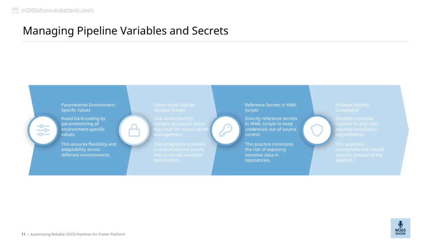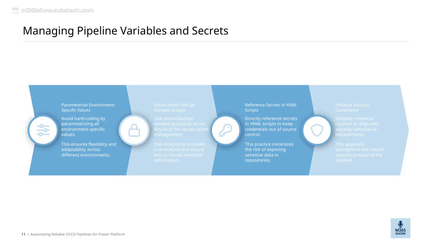We can also link Azure DevOps variable groups to Azure Key Vault. This integration allows us to manage secrets centrally and securely, making it easier to handle sensitive information across our entire pipeline. Additionally, avoiding hard-coded values is crucial. Instead, we should parameterize all environment-specific settings.